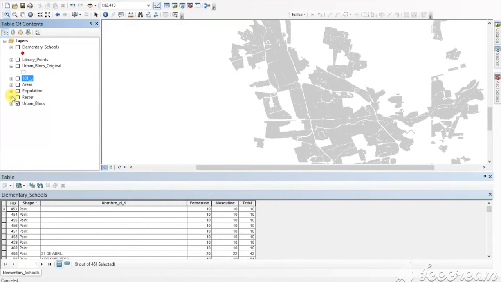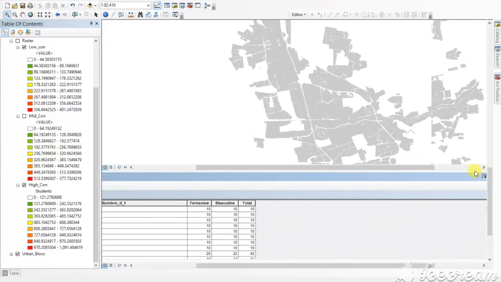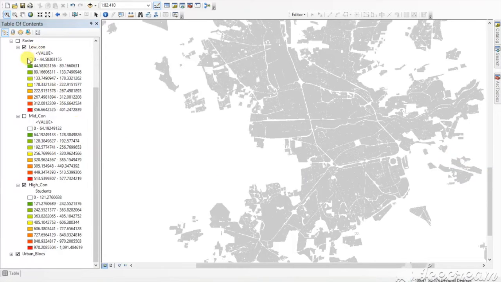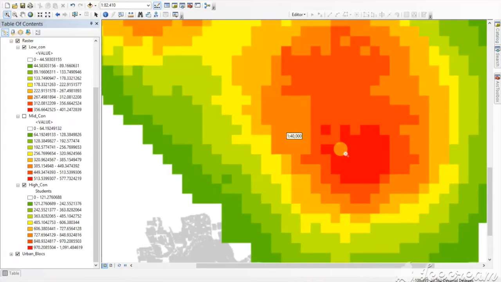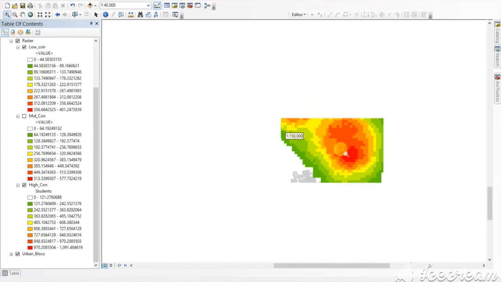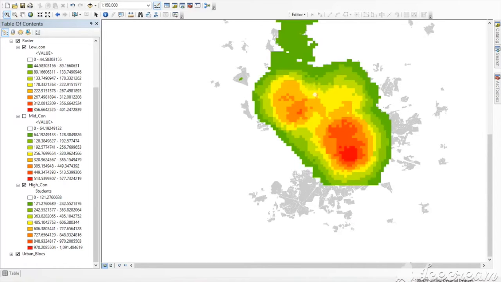As you can see in the examples that I will be giving you in raster, when you change the values of the cell size and the radius, you will get different types of results. A low concentration analysis will be given by a bigger cell size and a bigger radius.